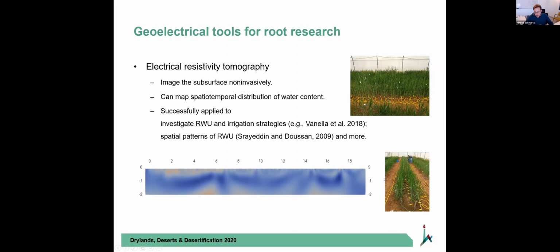And this is, for example, what you can see here in this image, taken in Rehovot in a wheat field that we monitor. And really, today, I think we can say that we have success in applying ERT to investigate root water uptake, irrigation strategies, spatial patterns of root water uptake, and other processes related to root research and to agriculture.